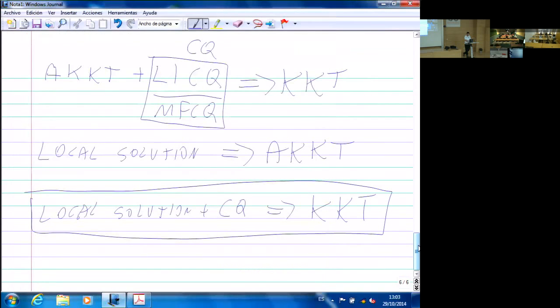If you look at this implication here, it says something like this. I have the set of local solutions, and I have the set of points that fulfill this necessary optimality condition.